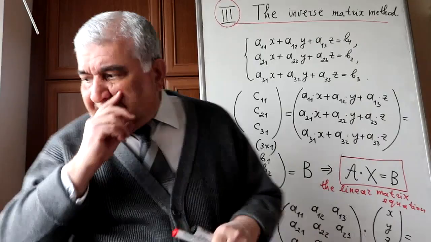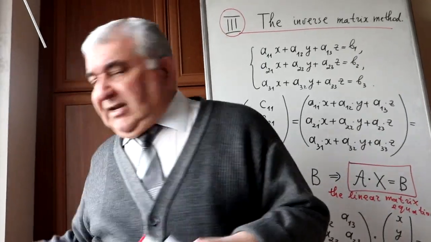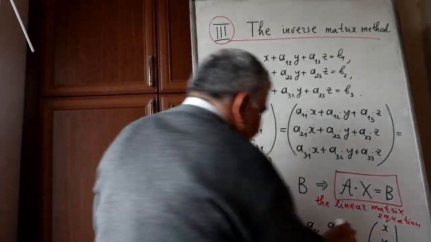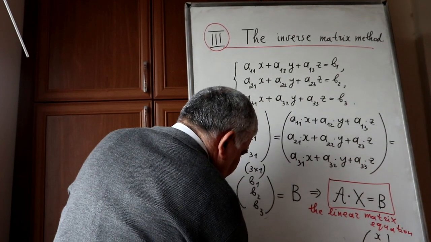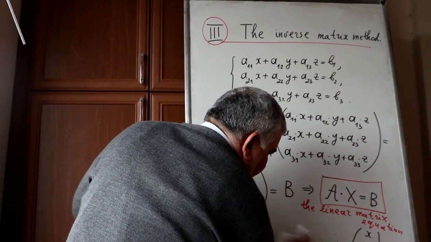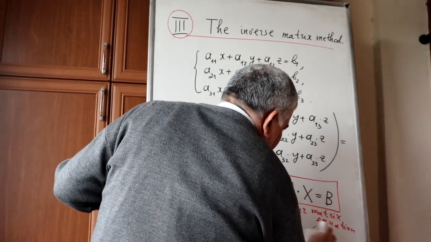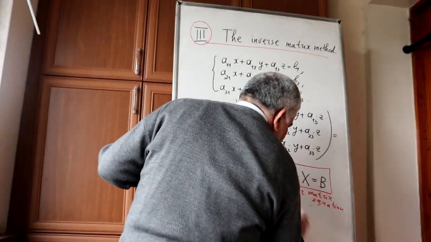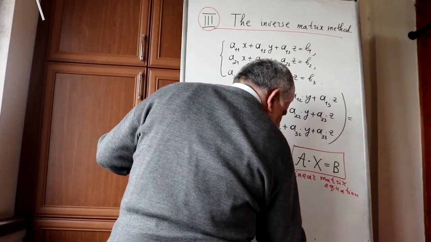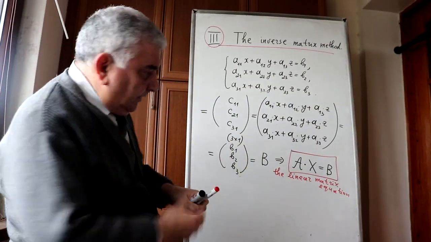Then multiply the obtained linear matrix equation from the left by the inverse matrix A super minus 1.